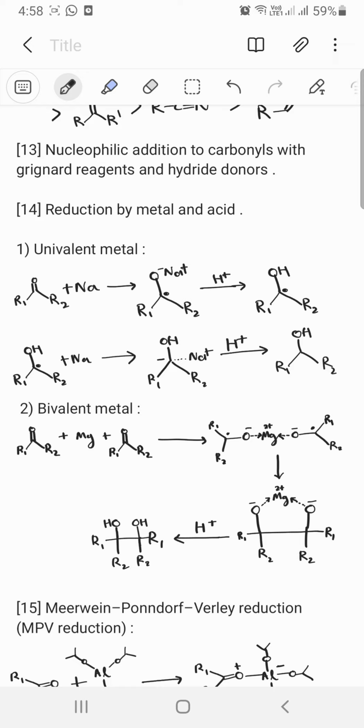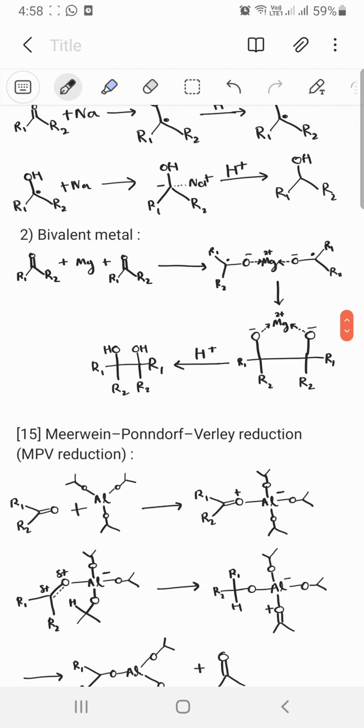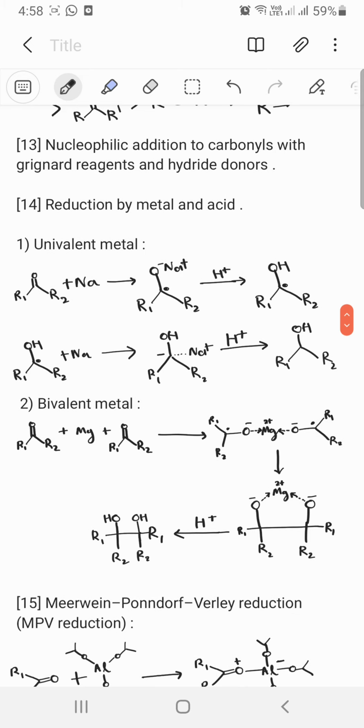That looks correct. Proper reduction, nothing so special. Bivalent metal. Fine. So this is for the univalent metal case.